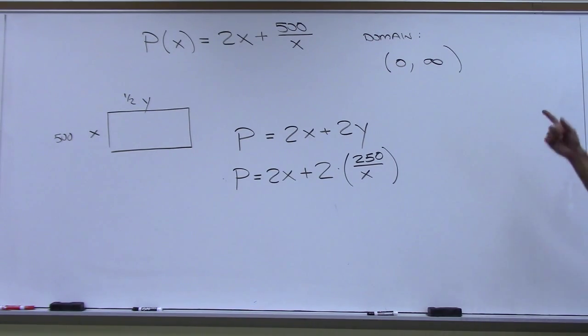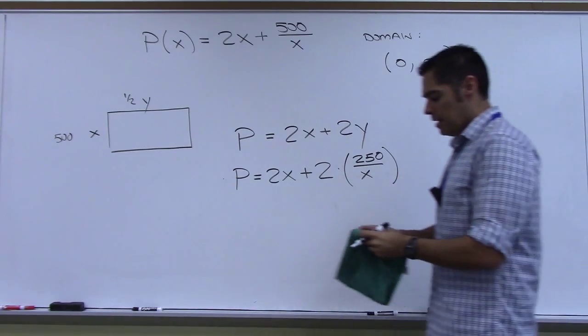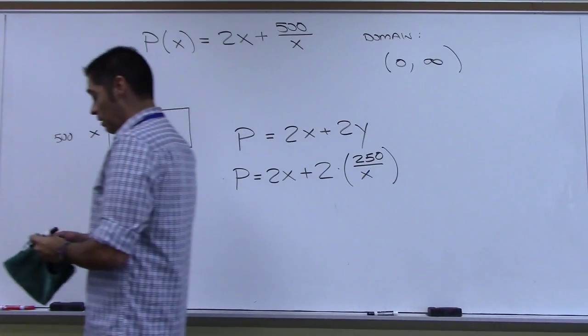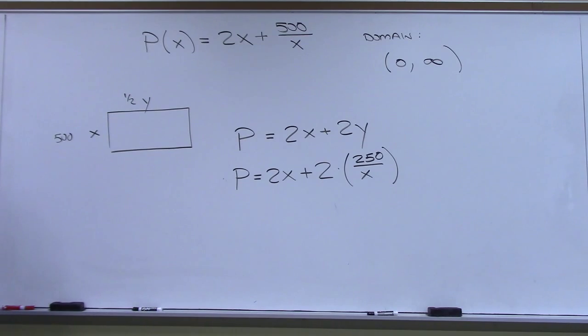So if I want to know when that's the smallest, don't I need to figure out when it's the smallest? How would you do that to try and figure out where that function is the lowest? Take the derivative. Yeah, just take the derivative and then, just like we were doing when we were graphing it, right?